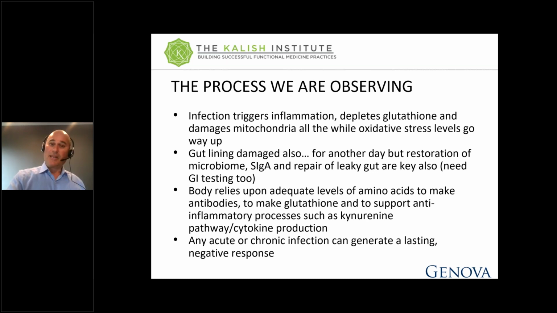And then the body relies upon adequate levels of amino acids to make antibodies. Antibodies are proteins. Antibodies are made up of 20 amino acids. If you're missing even one of those 20, your antibody production will suffer. Proteomics 101 says that in order to synthesize human proteins, all proteins in the human body except for collagen, you have to have all 20 amino acids present.